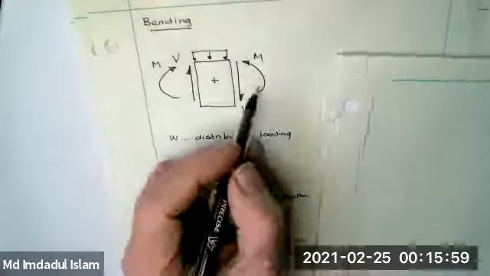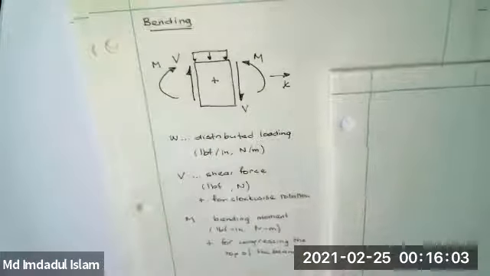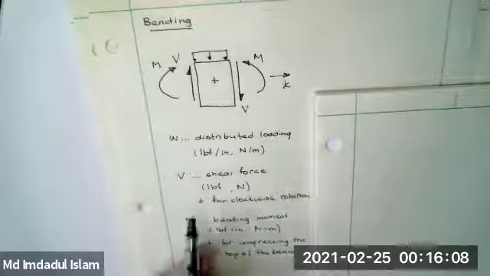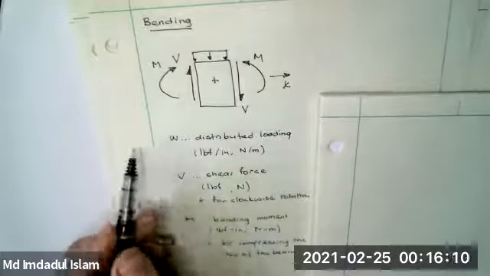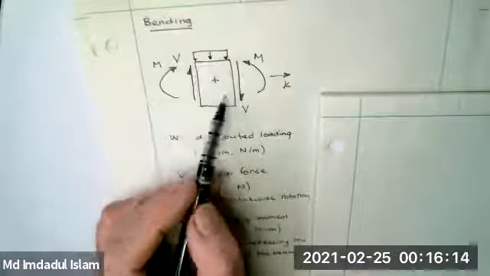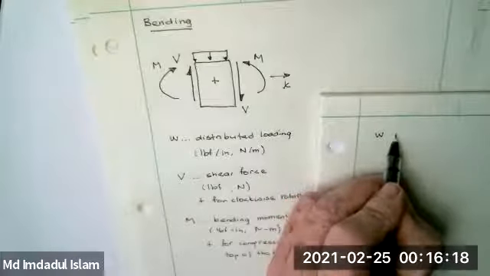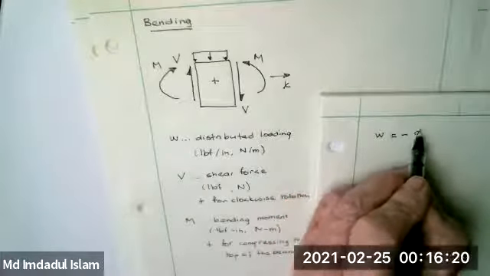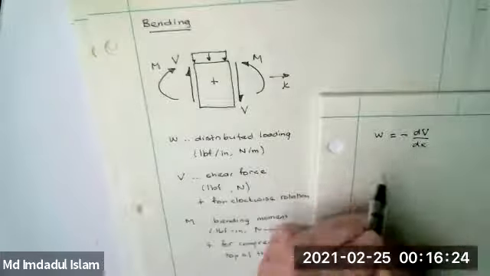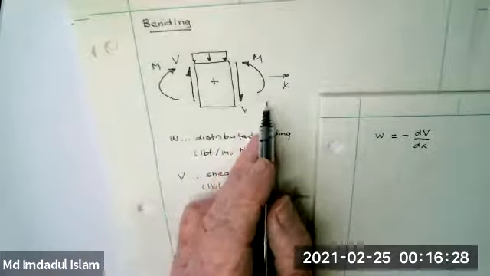If I have an X coordinate in this direction, then I can look at a little element and I can relate these. I can relate the change in W will be minus dV/dx with this sign convention. And I can relate a change in M. I have M here and M plus dM here.